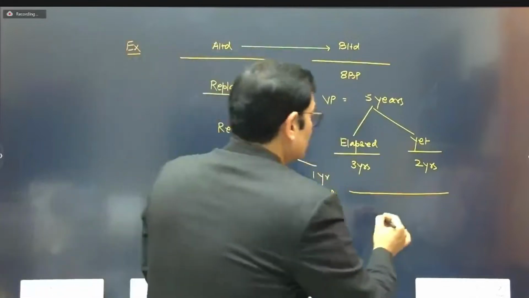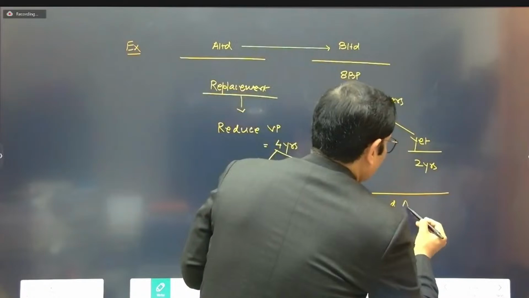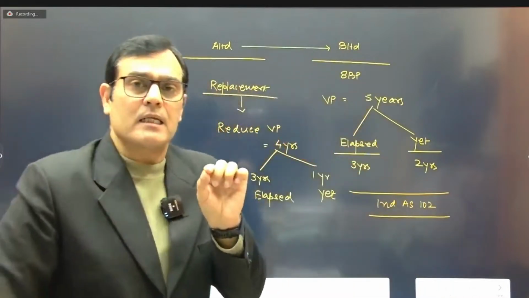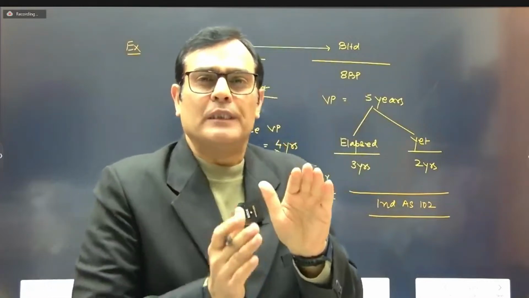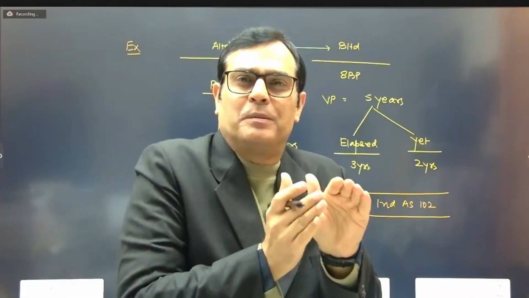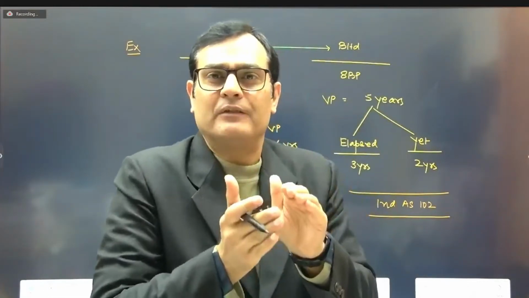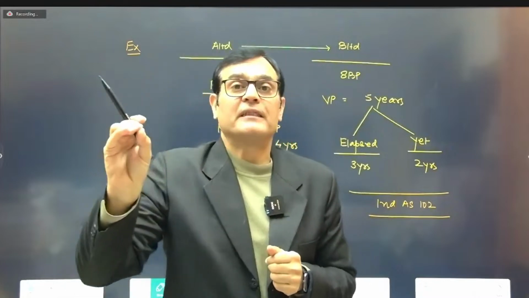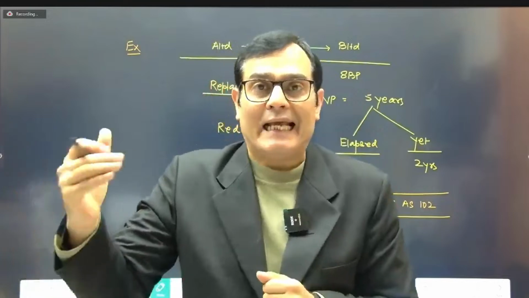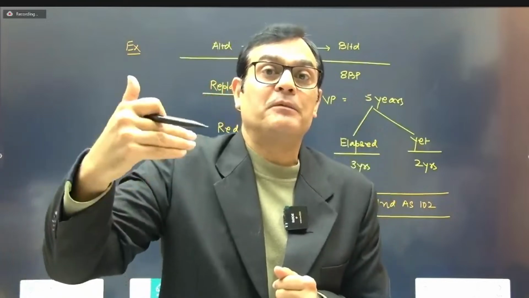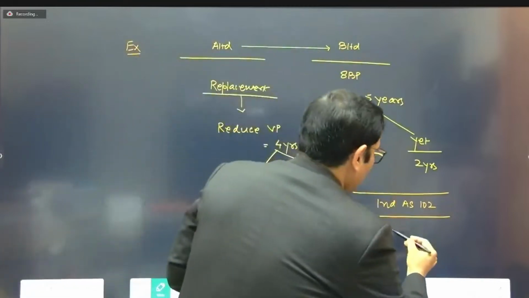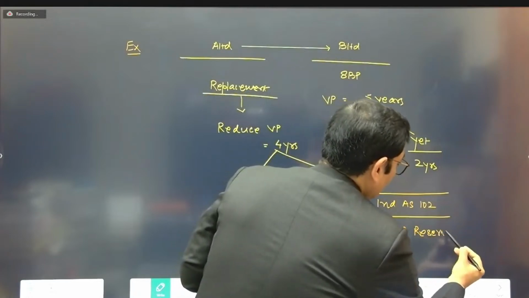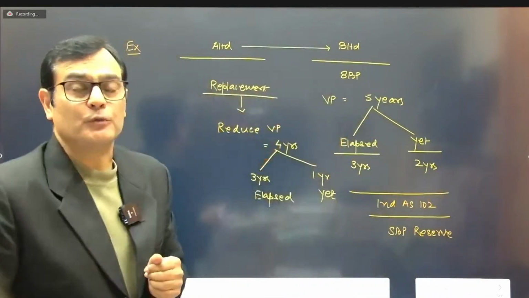So when B was doing the accounting, he was applying Ind AS 102, and by accounting under Ind AS 102, he would have created an SBP reserve, because every year he would have done the entry, employee benefit expense would have been given a debit, and correspondingly an SBP reserve would have been created. So he would have an SBP reserve appearing in the books of accounts because of Ind AS 102.